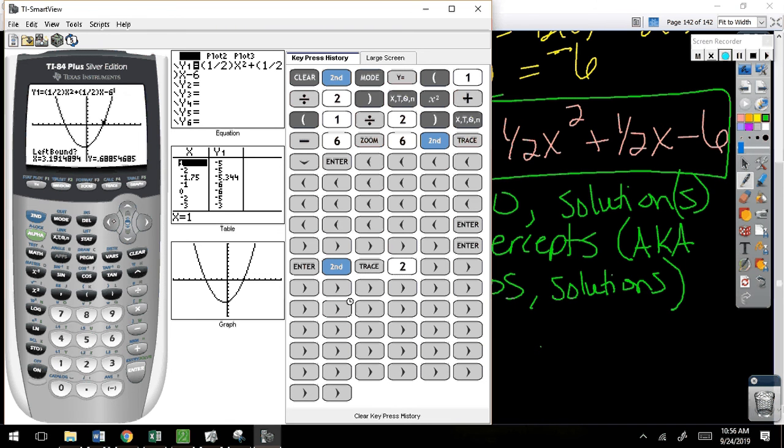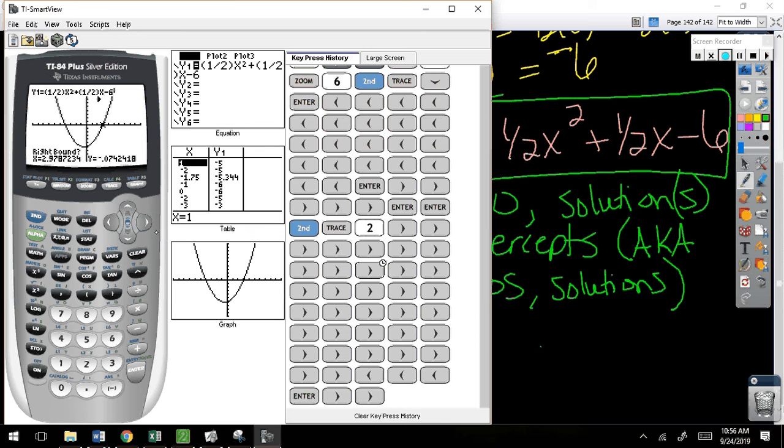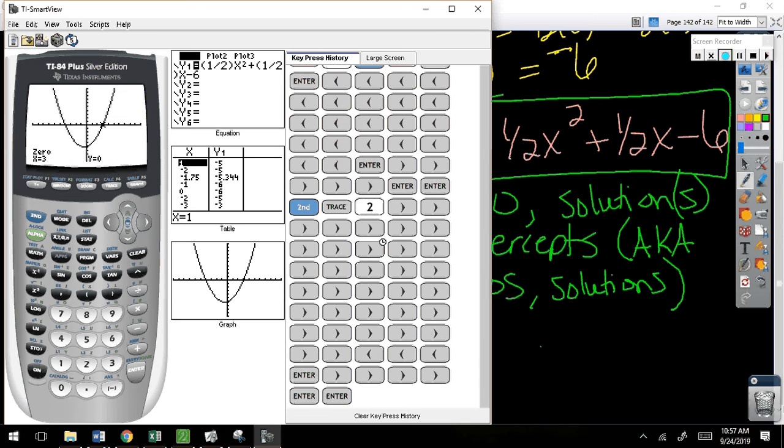It does not have to be exact, okay? You are telling it, I want to find the 0 between these two numbers. Go left twice. Hit enter. Back to it. Right twice. Enter. Enter. You didn't cross over the line. You didn't go left and right.